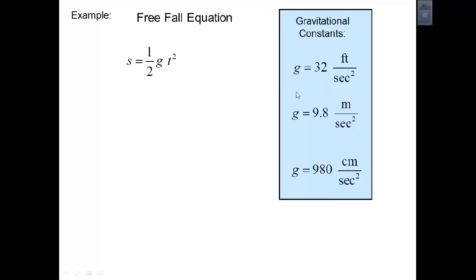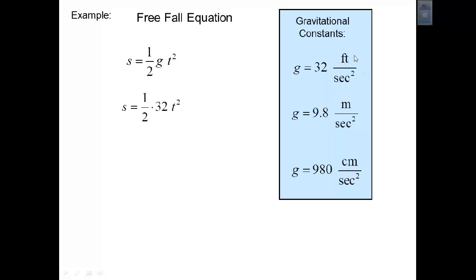Now, let's look at the free fall equation. We've got s is equal to 1/2 g t squared. Gravitational constants are 32 feet per second squared, 9.8 meters per second squared, or 980 centimeters per second squared. These are just the values for g depending on what units you're dealing with.